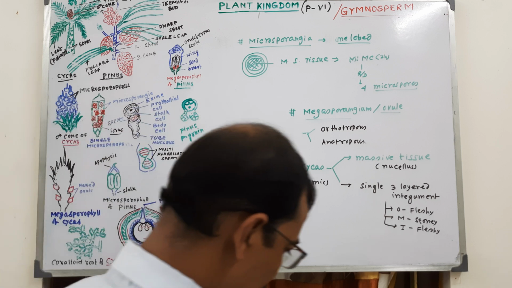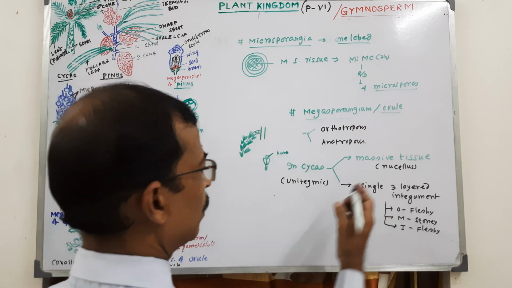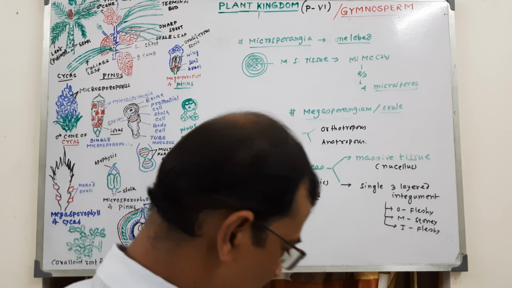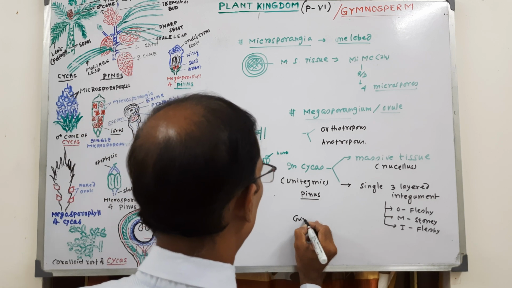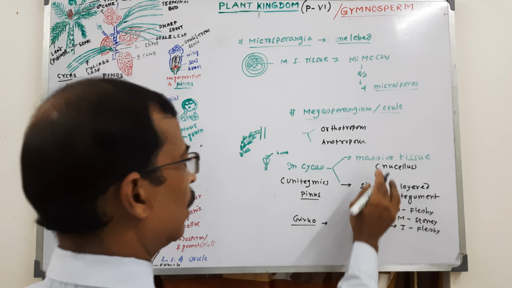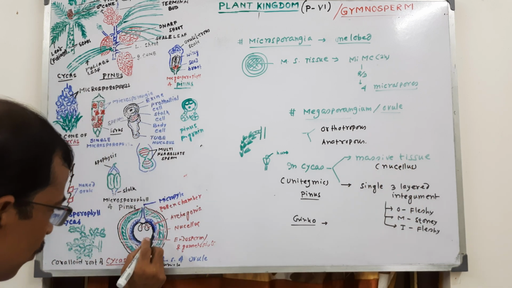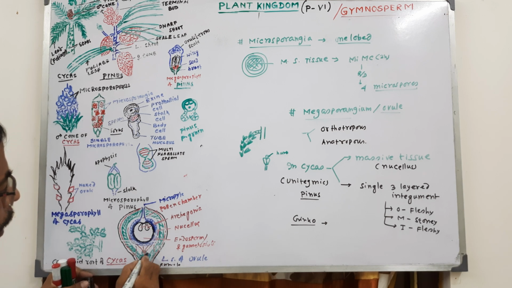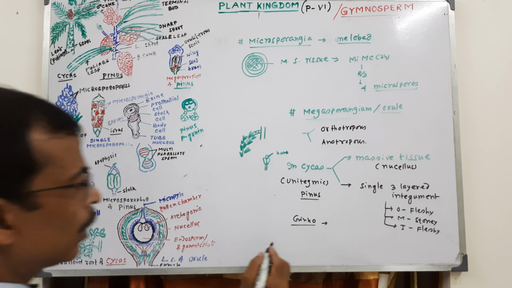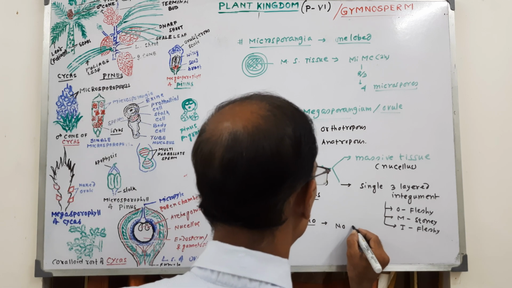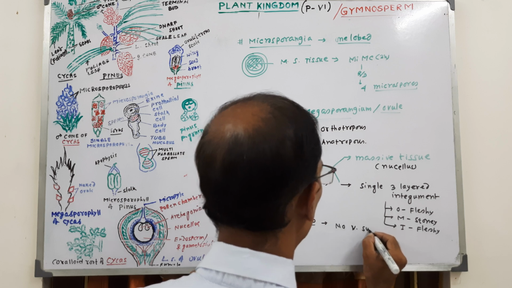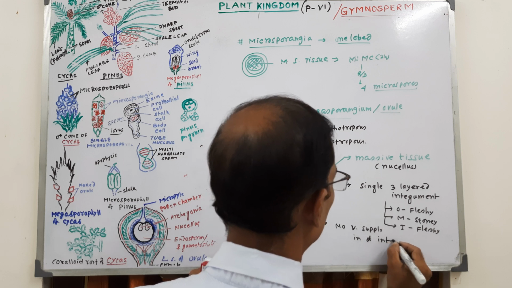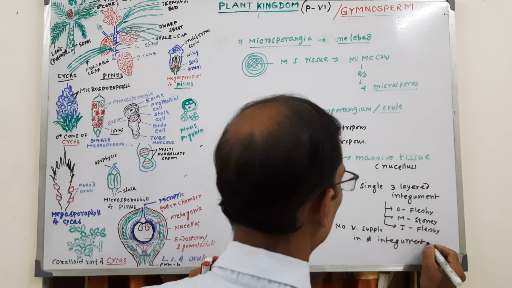It is the same in Pinus, and Ginkgo is also the same, but in Cycas and Pinus ovules there is a vascular supply in the three layers of the integument. Look here, this is the vascular supply entering the integument, but in Ginkgo there is no vascular supply in the integument. This is the difference in the integument.